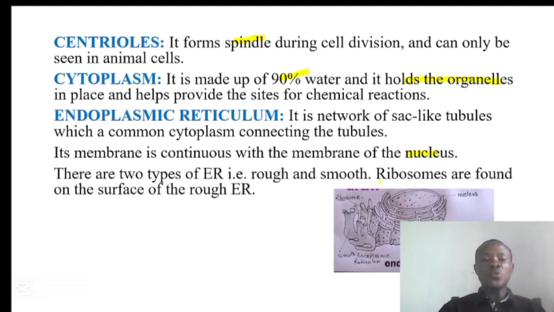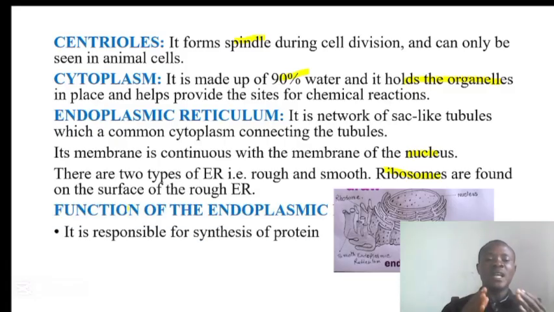And we have two types of endoplasmic reticulum: the rough and the smooth endoplasmic reticulum. The rough endoplasmic reticulum has ribosomes on it, while the smooth endoplasmic reticulum has no ribosomes on it.